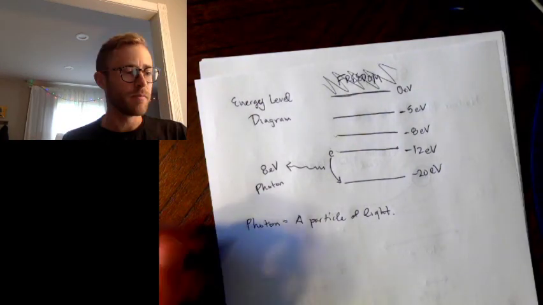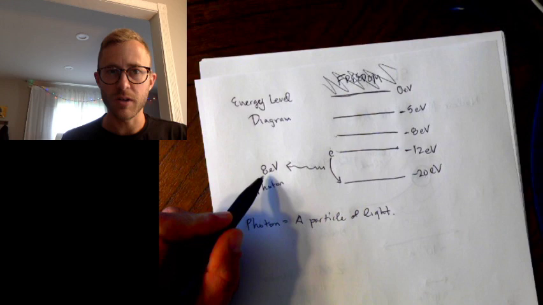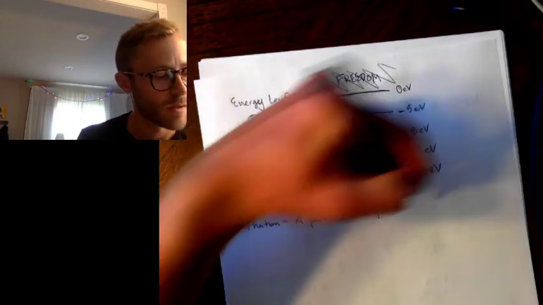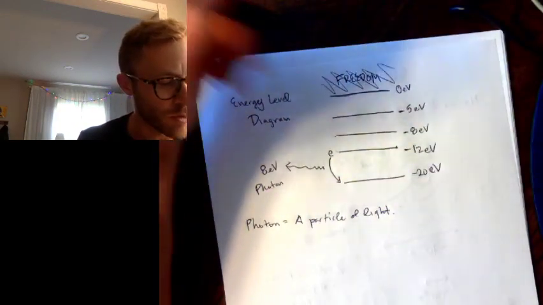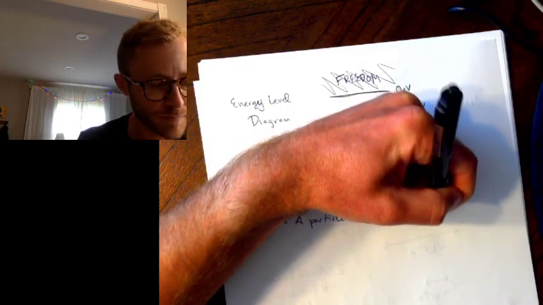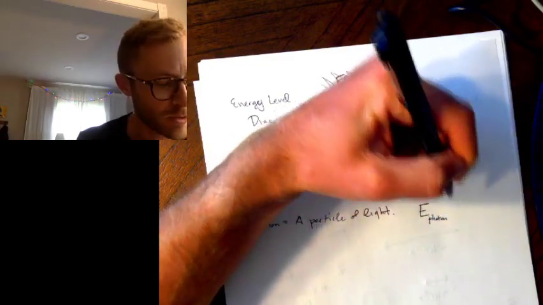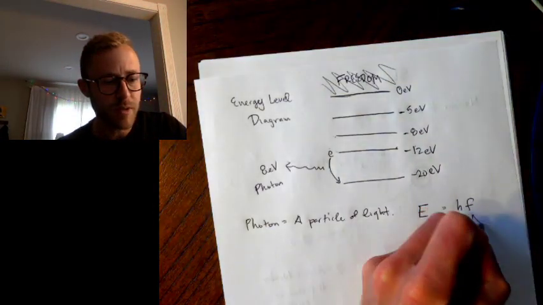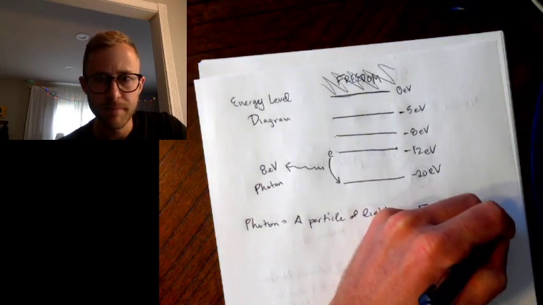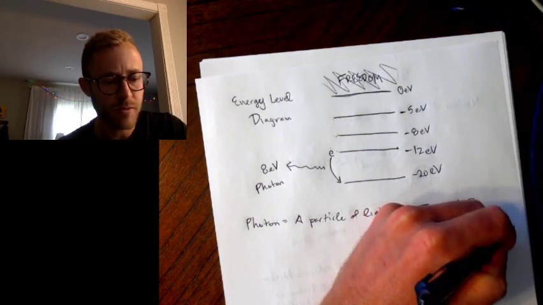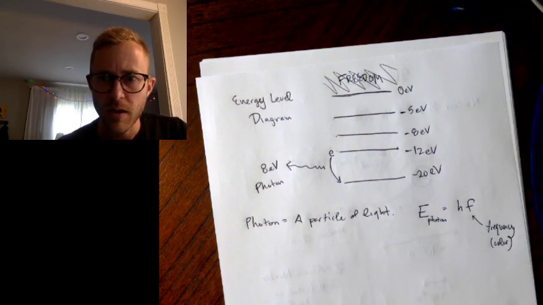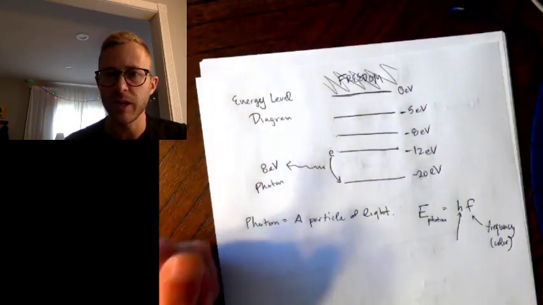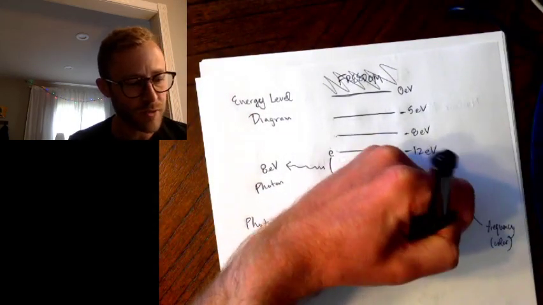And the energy of a photon is related to its color. So, okay, there's a formula for the energy of a photon, and it's equal to H times F, where F is the frequency of the photon, which corresponds to its color, of course. And H is a constant of nature. It's called Planck's constant.